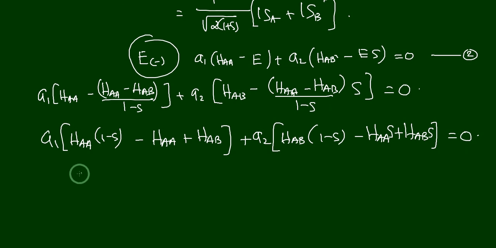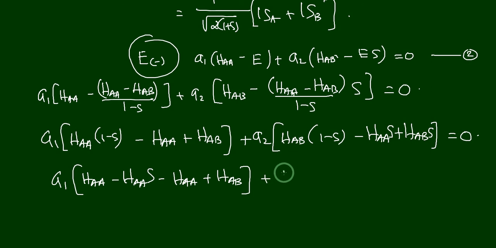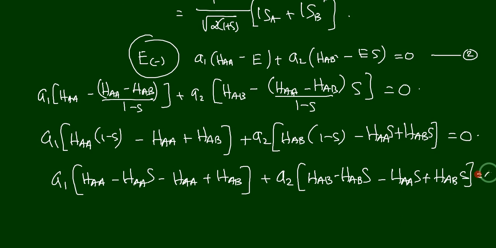Now we can write it again like A1 into HAA minus HAA into S minus HAA plus HAB, plus A2 into HAB minus HAB into S, okay, and minus HAA into S plus HAB into S is equal to 0.